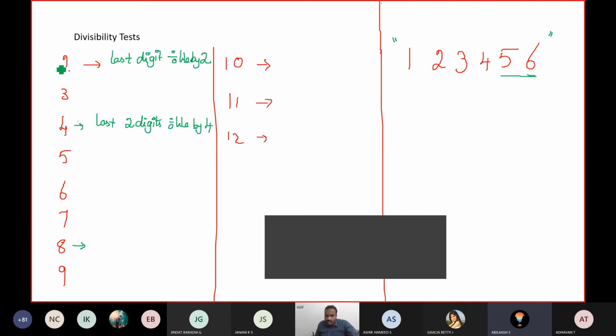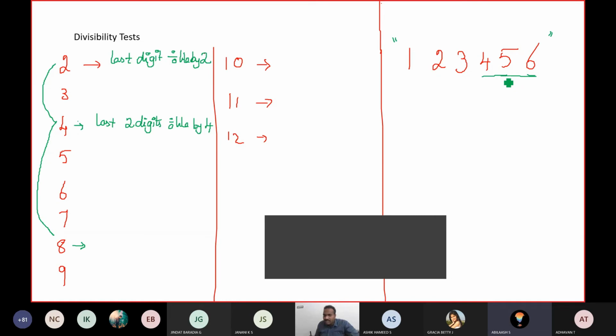See, it is similar to 2 and 4. For 2, you check the last digit and see whether it is divisible by 2. For 4, you check the last two digits and see whether it is divisible by 4. So for 8, you should check the last three digits.